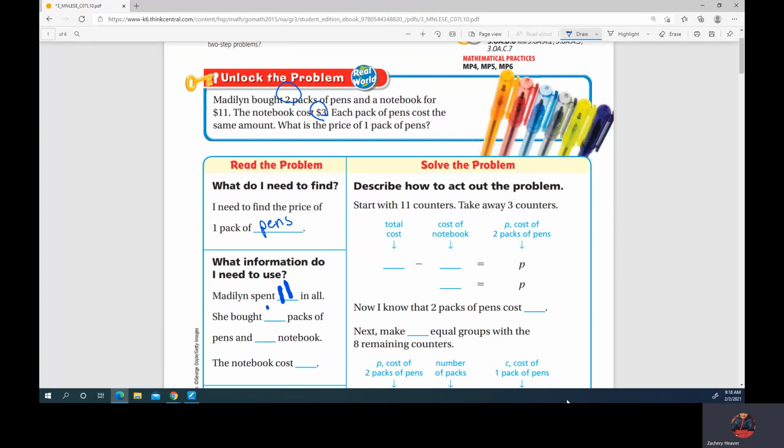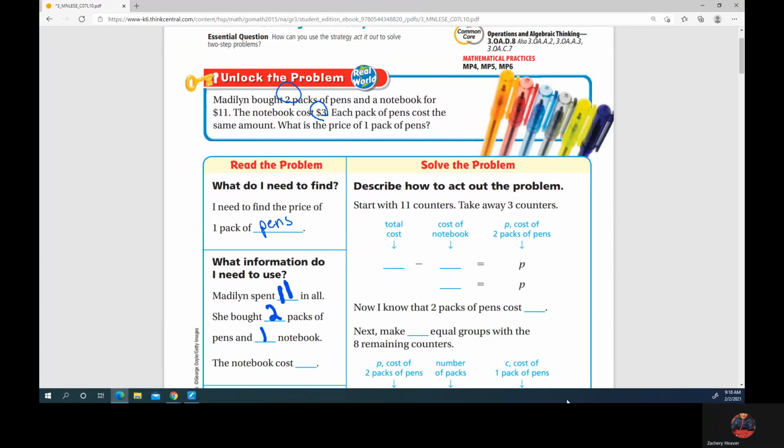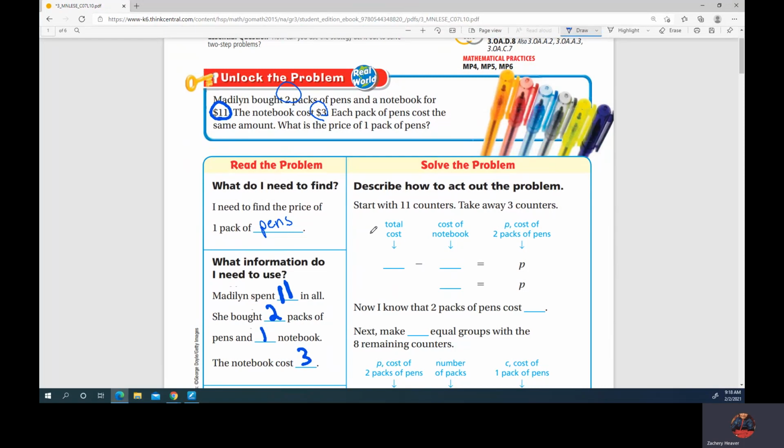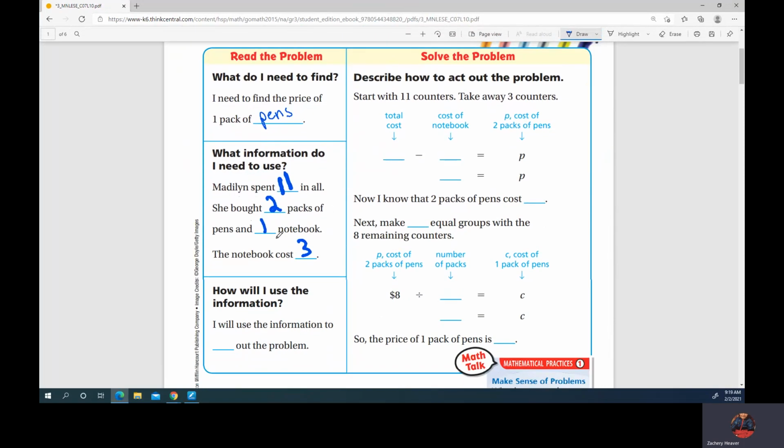She bought 2 packs of pens and 1 notebook for $11. Then the cost of the notebook was $3. So she spent $11, she bought 2 packs of pens and 1 notebook, and the cost of the notebook was $3.